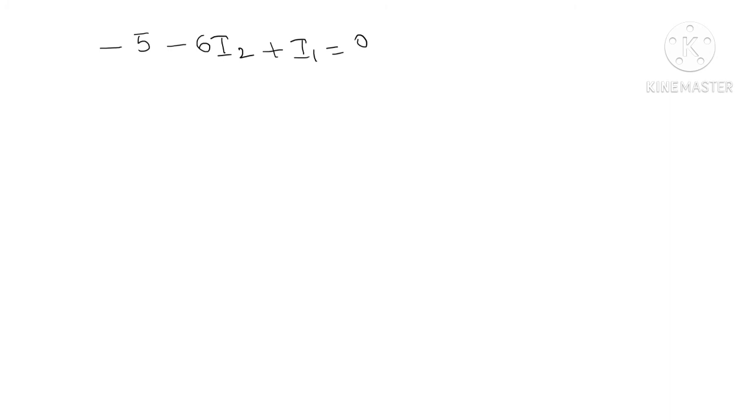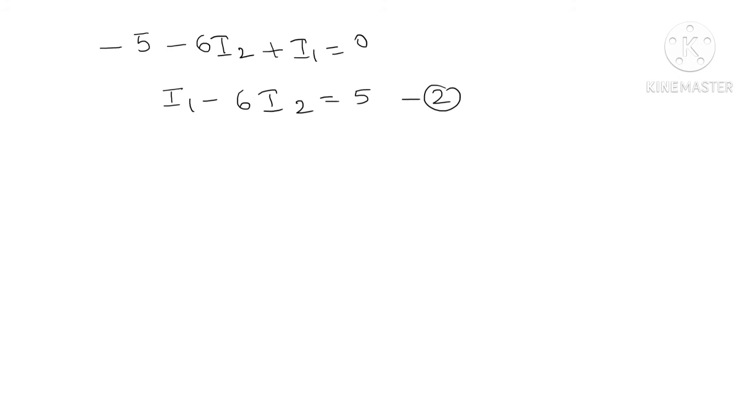So we can rewrite this as I1 minus 6 I2 equal to 5. This is equation 2. So we have equation 1 and equation 2 both. So these two we have to solve.